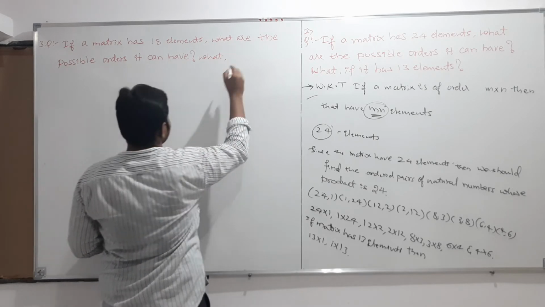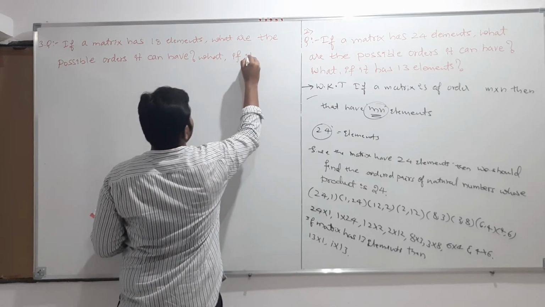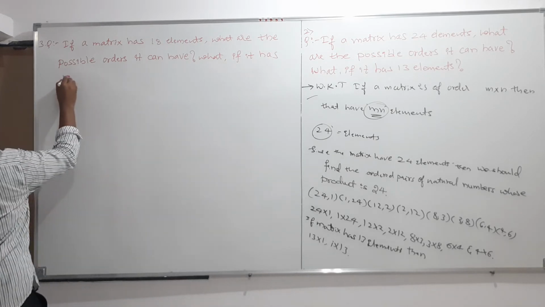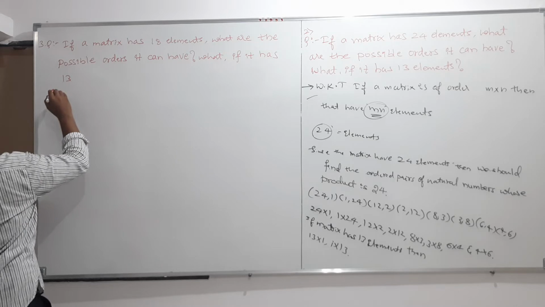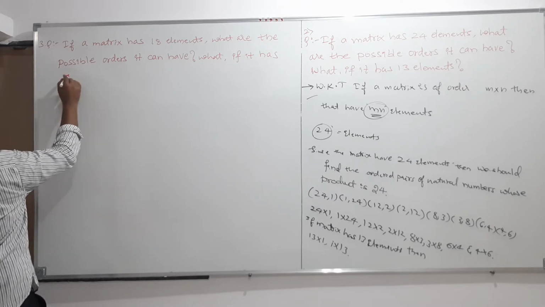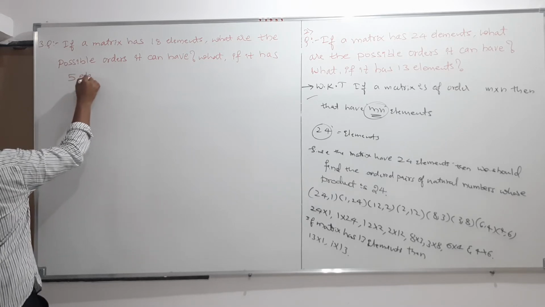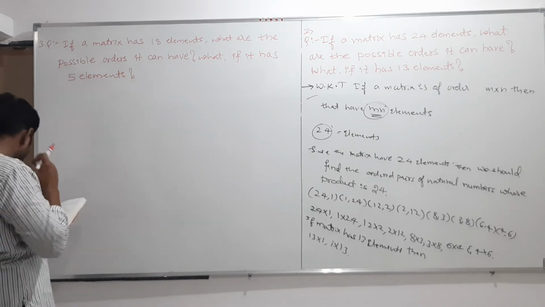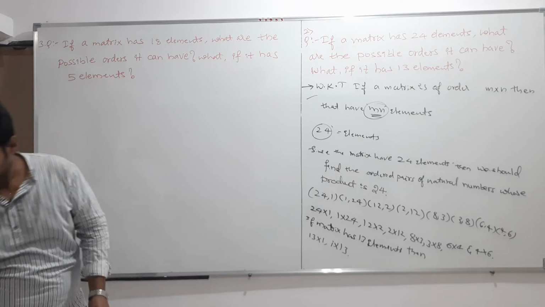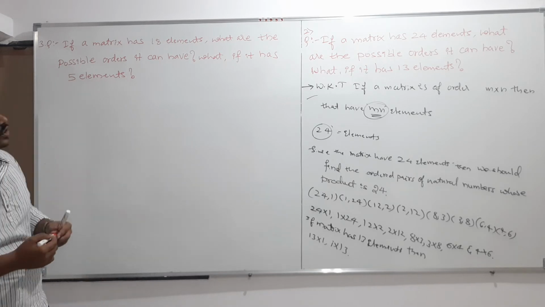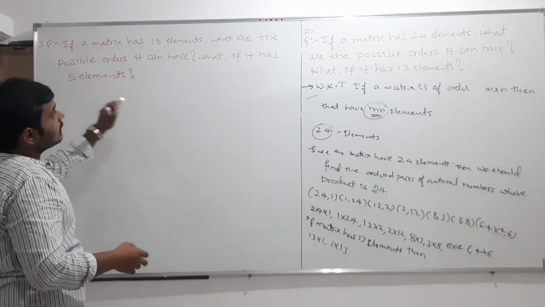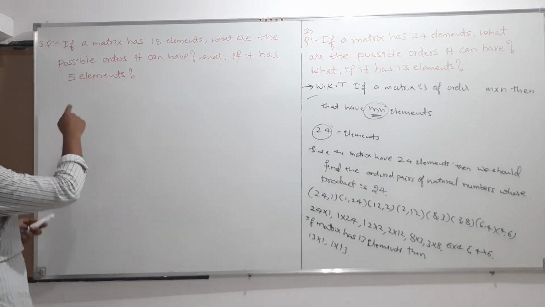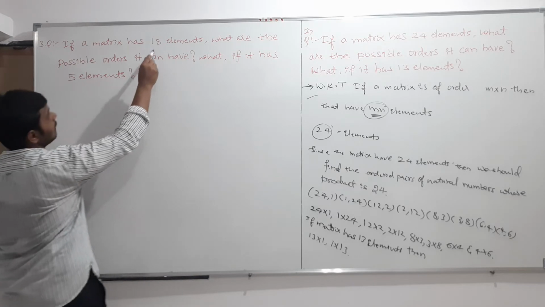What if it has 5 elements? Again it is a similar type of question, only the numerical value is changed. There we discussed a matrix with 24 elements, and here they have given a matrix with 18 elements.